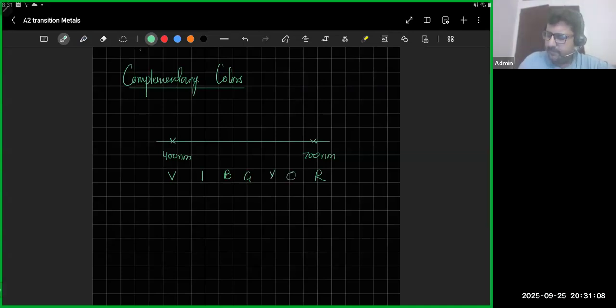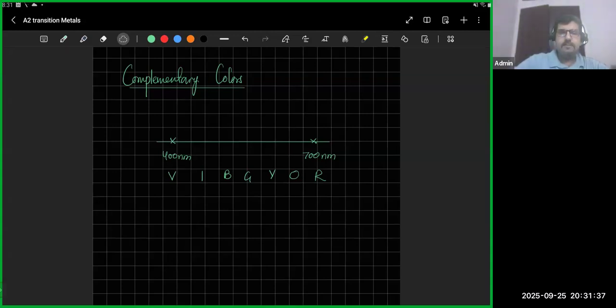So you need to have some idea about which frequencies are getting absorbed and which ones are not getting absorbed. They might tell you about the absorbance. A colorimeter would show you the absorbance that's happening. Now about the complementary color.